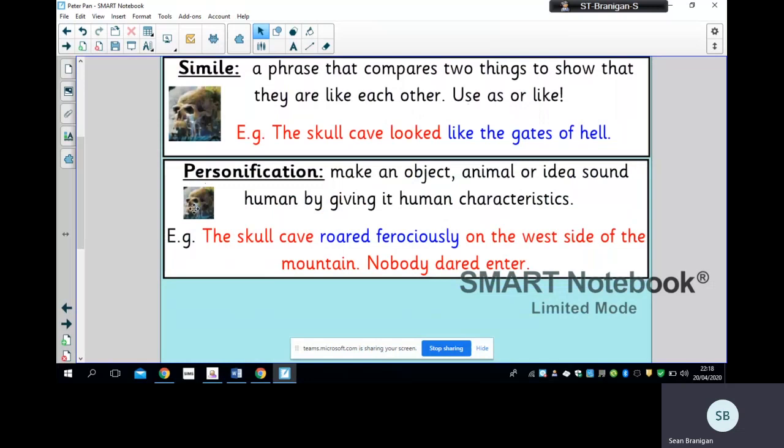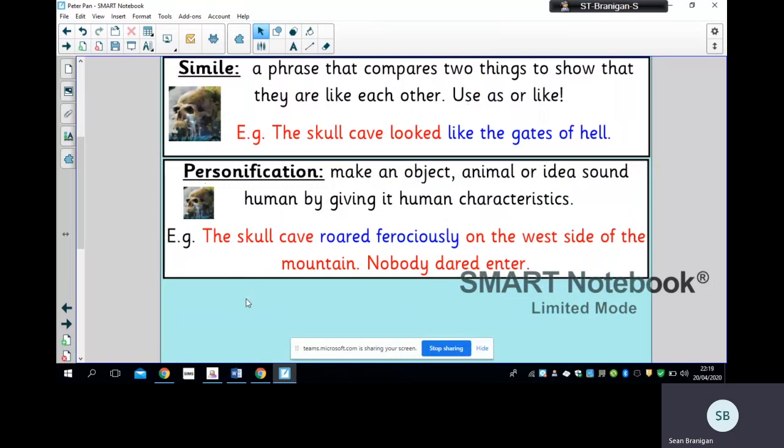So I looked at the skull cave once again, and I decided that it looked like it was roaring ferociously. So I implemented that in my writing: the skull cave roared ferociously on the west side of the mountain. Nobody dared enter. Of course, the cave can't roar, but it's that negative imagery again. It's a place that you wouldn't really want to go.